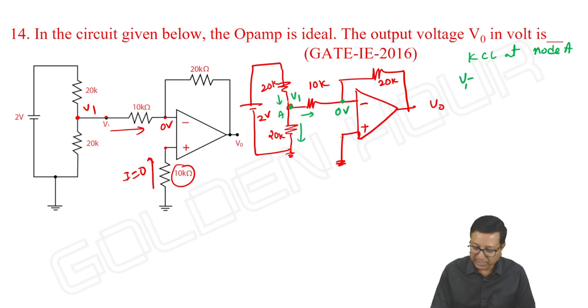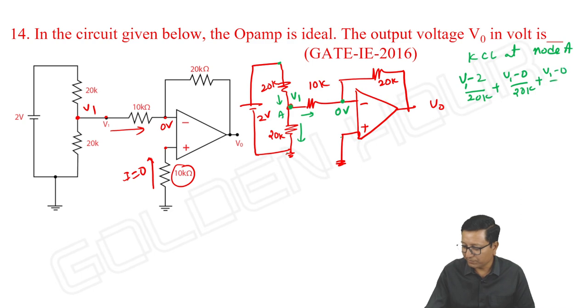At V1, the KCL is (V1 minus 2) by 20K plus (V1 minus 0) by 20K plus (V1 minus 0) by 10K is equal to 0. Just for namesake I wrote the current directions, nothing to worry about.